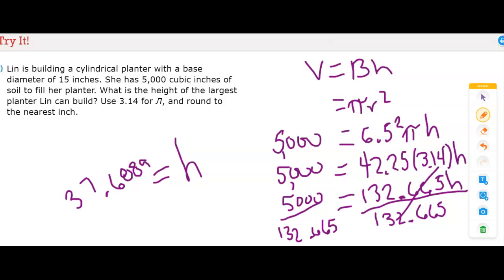I'm going to round to the nearest inch, it says. So the nearest inch will be the nearest whole inch, so 38 sounds good to me. And so the height will be 38 inches total.